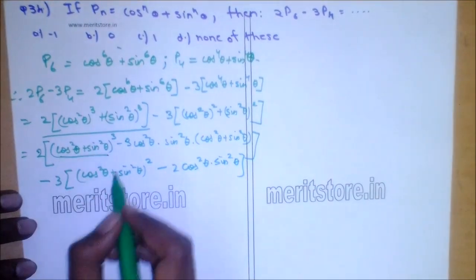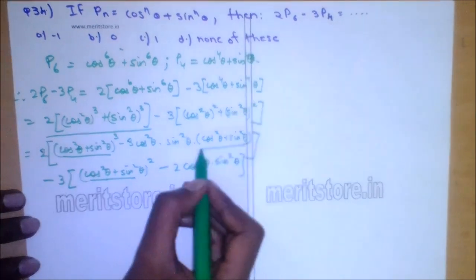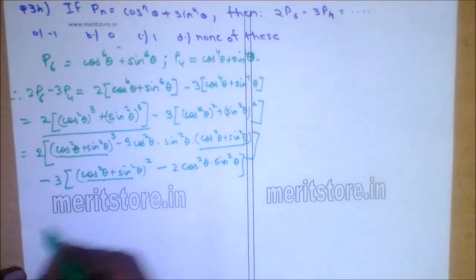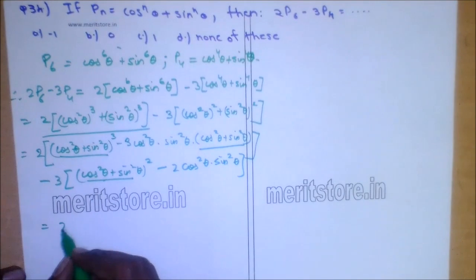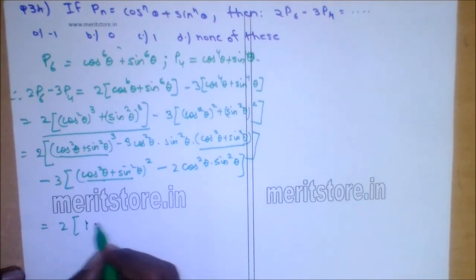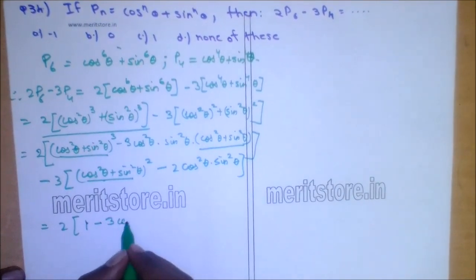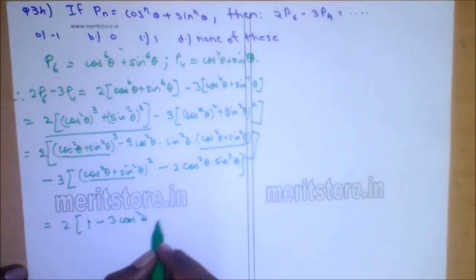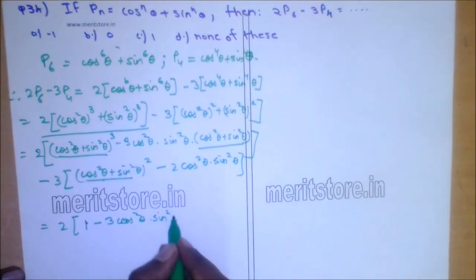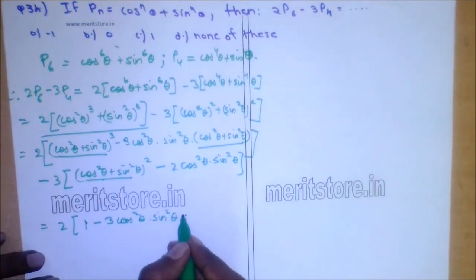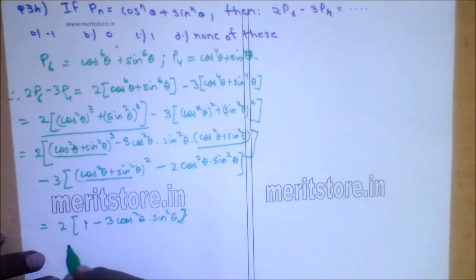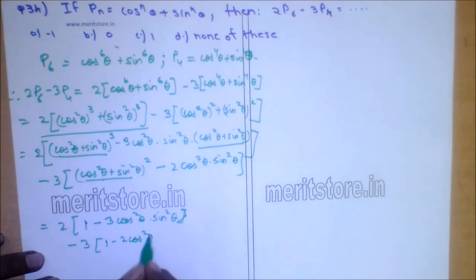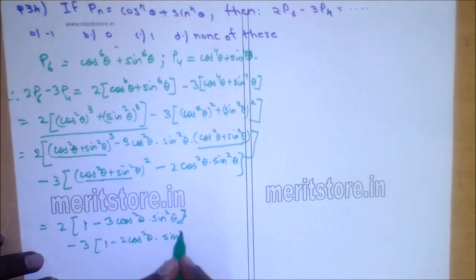So this is 1, this is 1, this is 1. So we can simplify it as 2 into 1 minus 3 cos square theta sin square theta, minus 3 into 1 minus 2 cos square theta sin square theta.